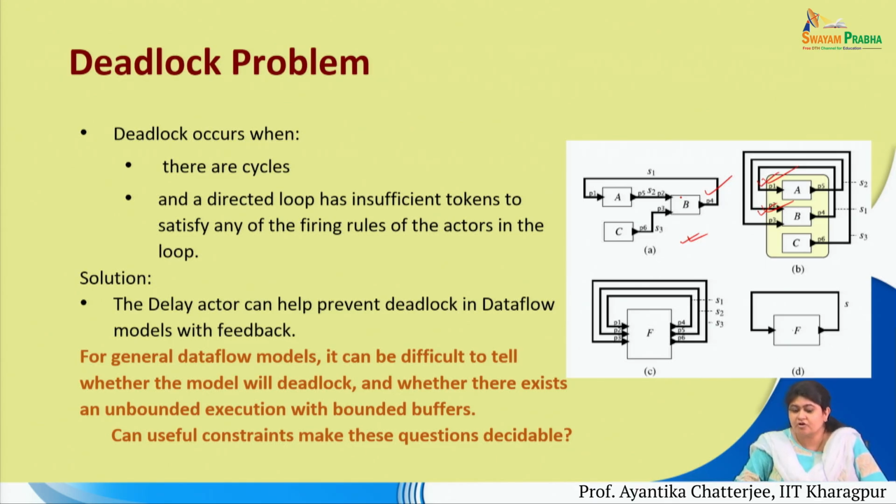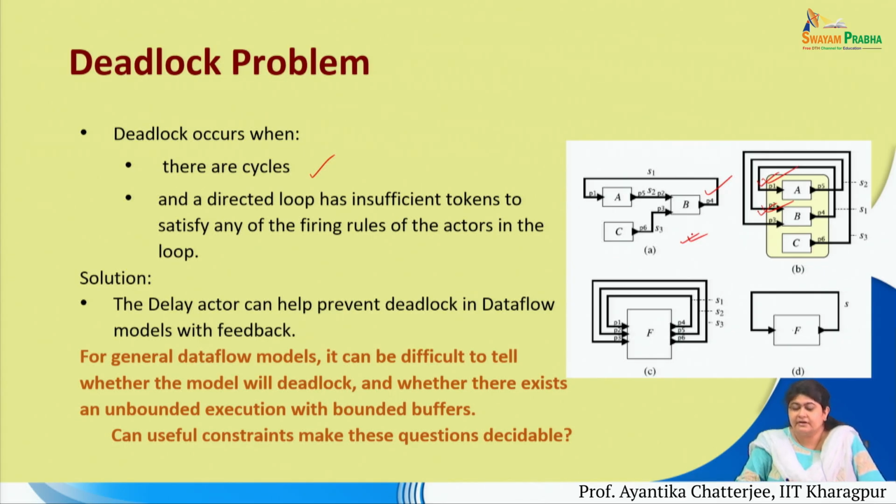So deadlock occurs when there are cycles and the directed loop has insufficient tokens to satisfy any of the firing rules of the actors in the loop. So if we think simply, this A has some firing rules and is waiting for some tokens coming from B or vice versa.